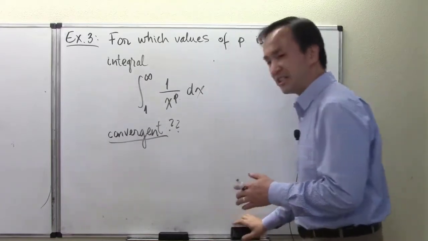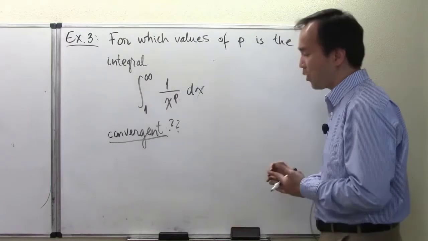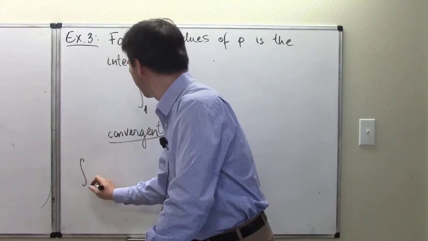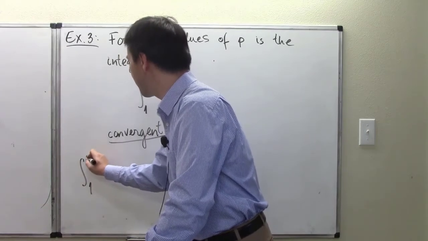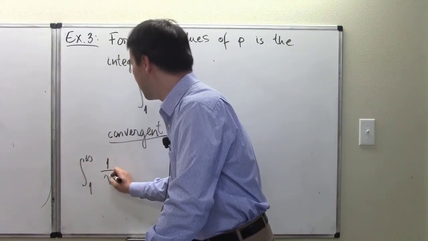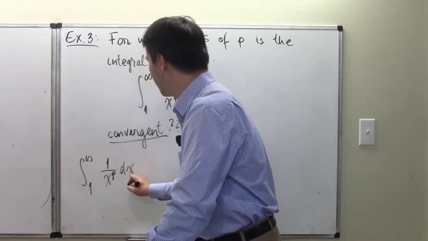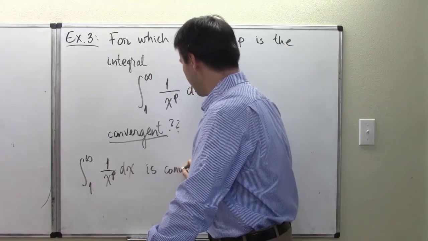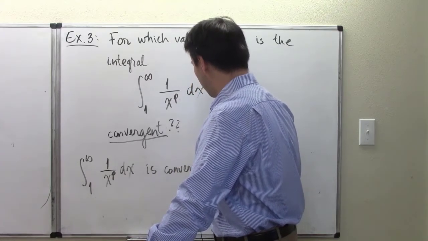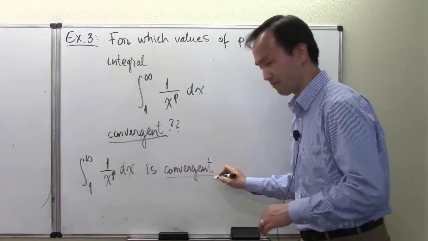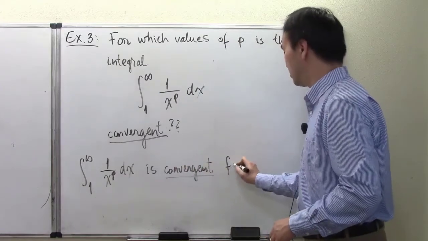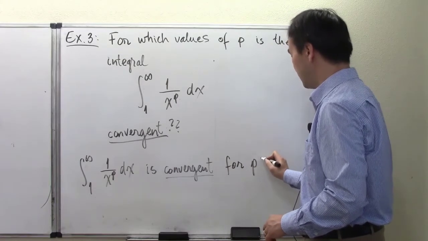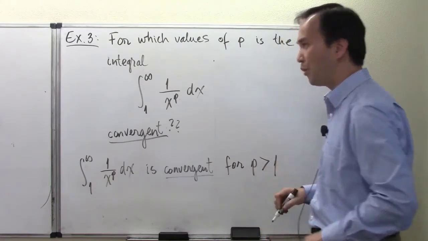So as far as the direct answer of this question, I'm saying, okay, this integral from 1 to infinity of 1 over x to the p is convergent. That's a direct answer for p greater than 1.